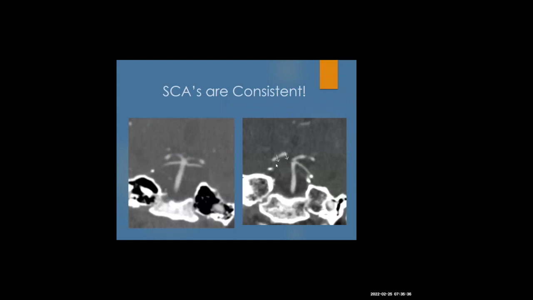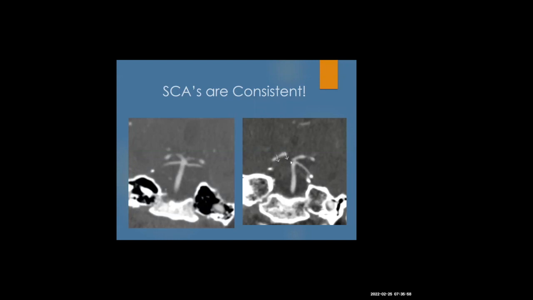There's no superior cerebellar artery on this side. If a superior cerebellar artery is absent, it's occluded. So you should always see your superior cerebellar artery. And this was a case where you have occlusion all throughout your superior cerebellar artery. You even have some clot hanging out in the basilar artery. So it is never normal to have a quote unquote absent superior cerebellar artery.